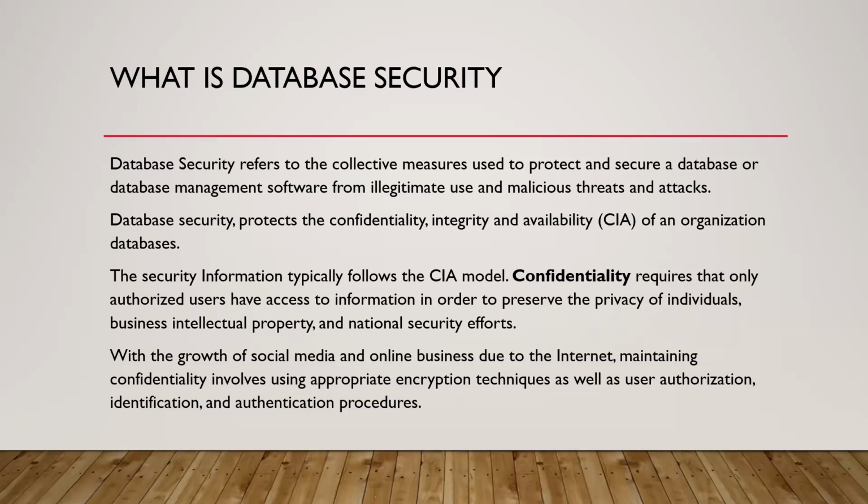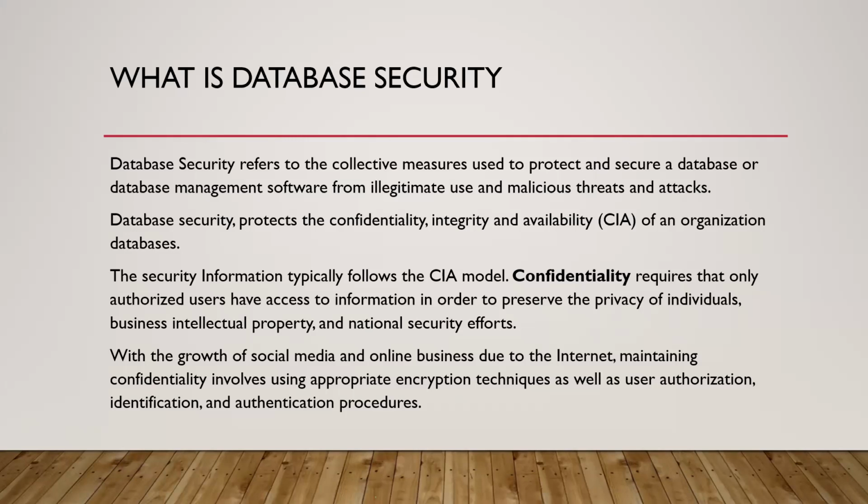As we said, the CIA model is the common model when you talk about security. You cannot talk about information security without speaking about the CIA. The CIA model is all about confidentiality, integrity, and availability.